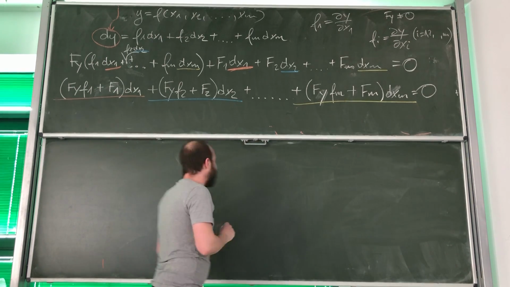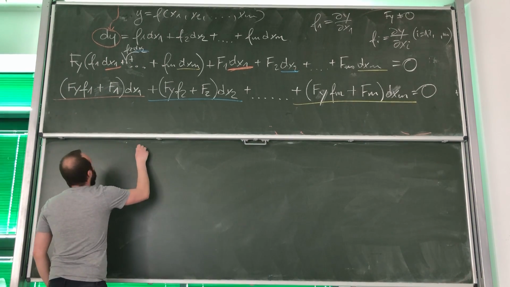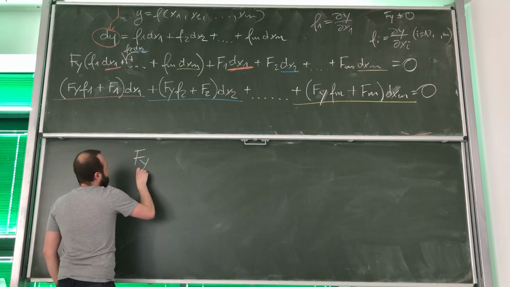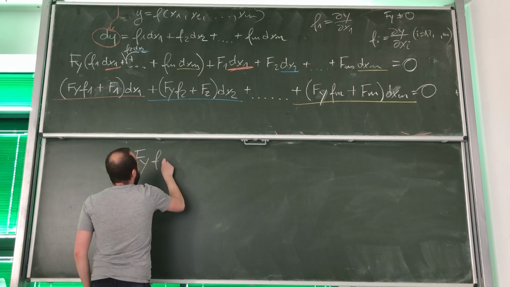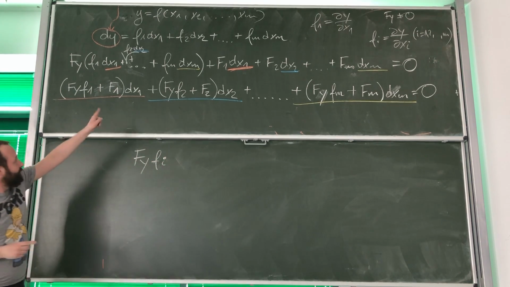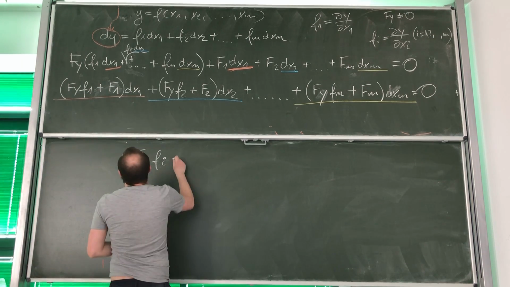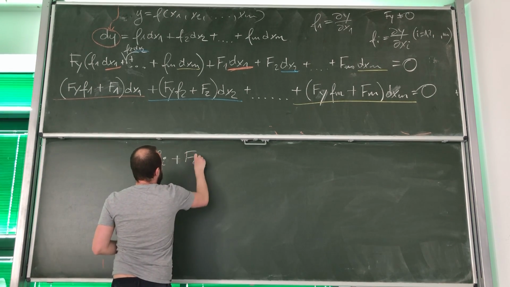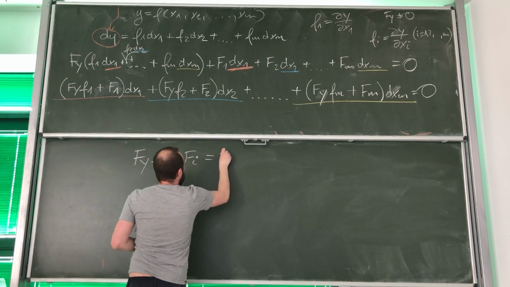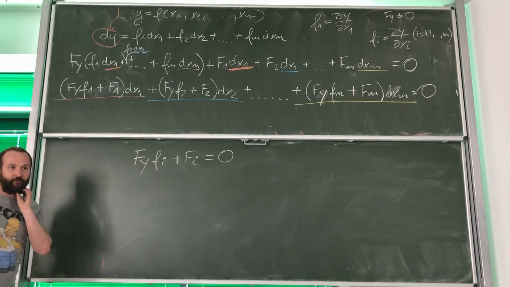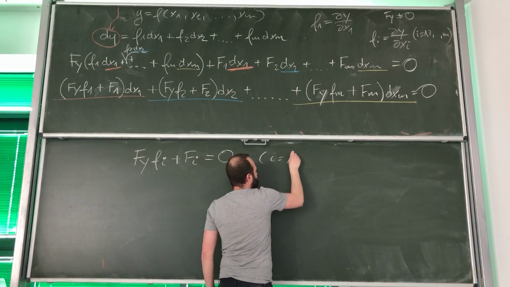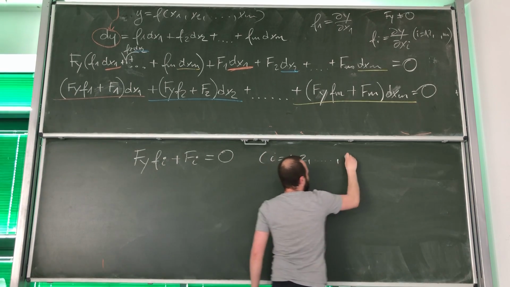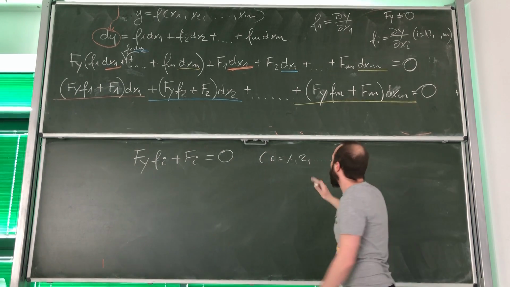So we must have Fy times Fi plus Fi equals 0, for i equal 1, 2 until n, for all.